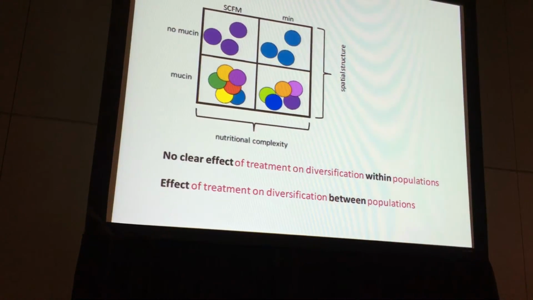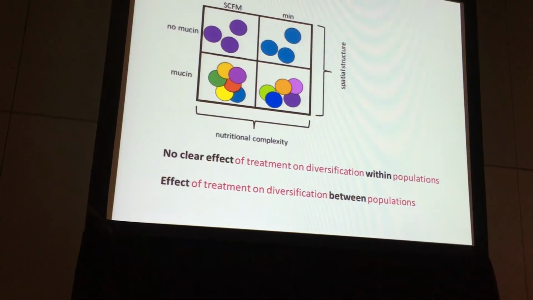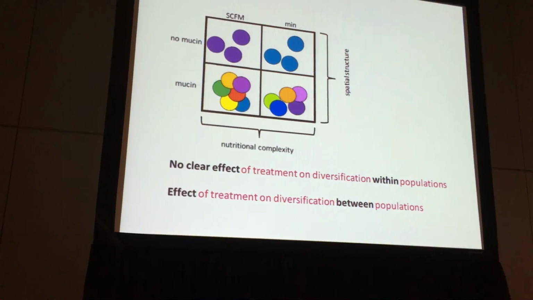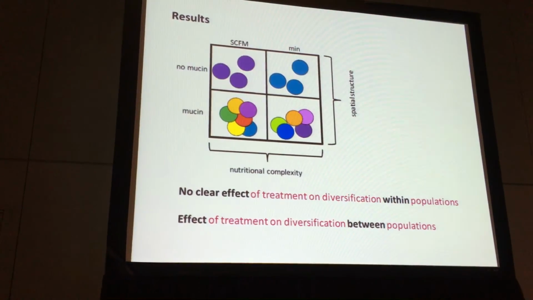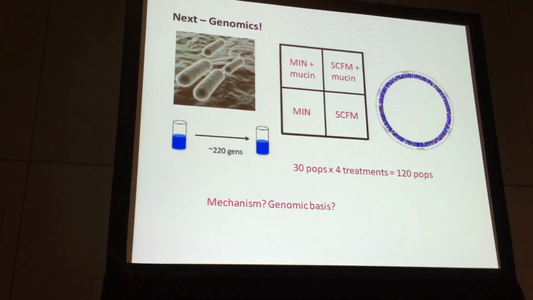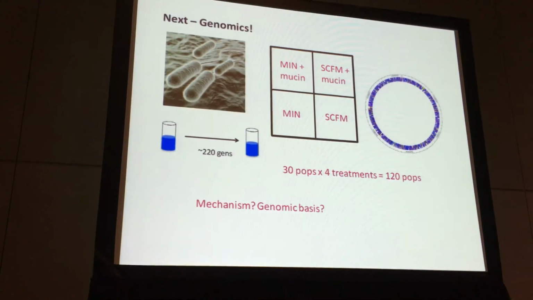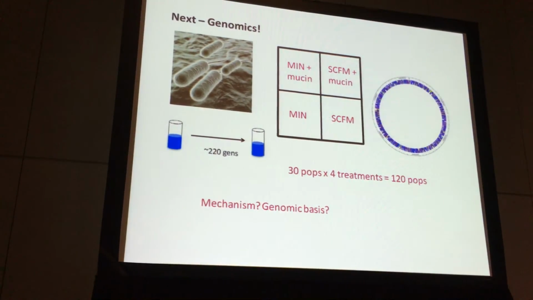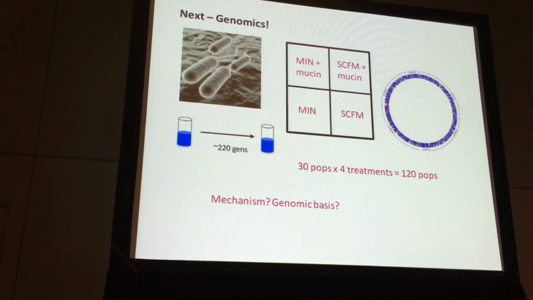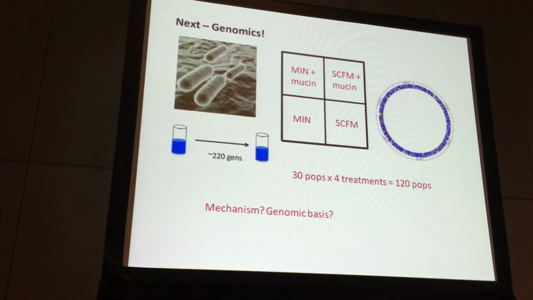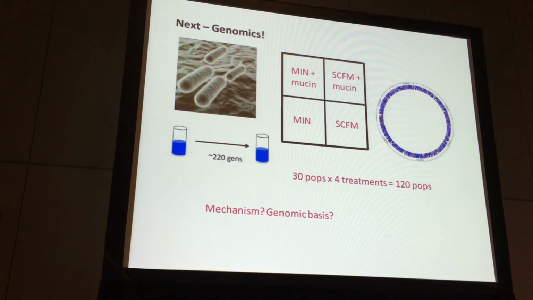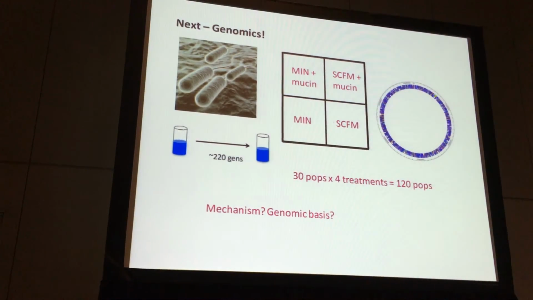I think this is a really interesting result that highlights the importance of contingency on diversification and adaptation. The next thing I plan to do is to sequence these populations to figure out the mechanism behind this and what the genomic basis of these differences in treatment effects on diversification are, which I'm very excited about.